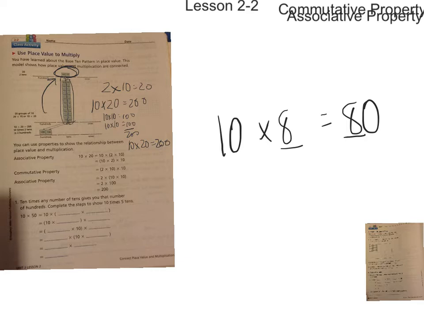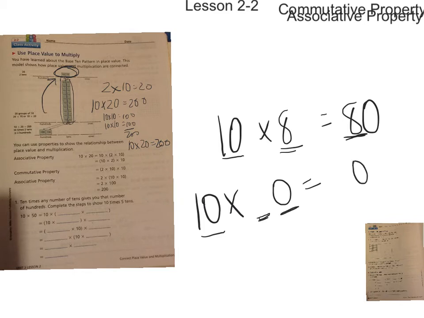And 10 times any number of tens gives you that number of hundreds. So if I go 10 times 8 tens, that would give me 800. As long as you know that rule, you will be just fine.